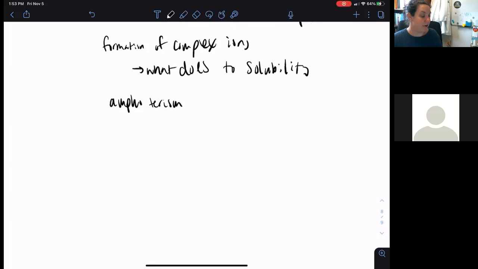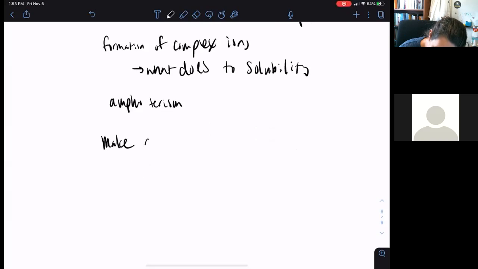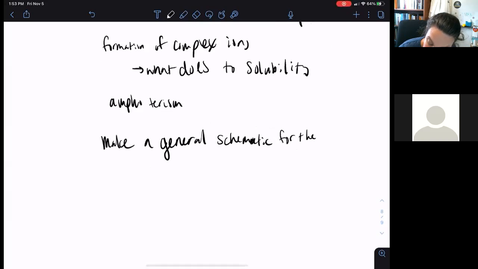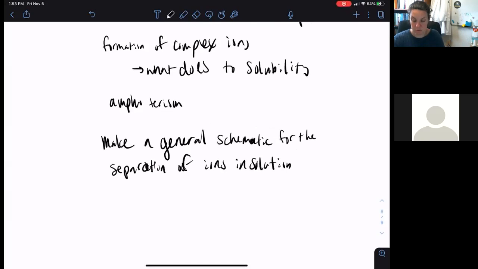And we're going to talk about this on Tuesday, but you should be able to make a general schematic for the separation of ions in solution. Okay. Any questions?